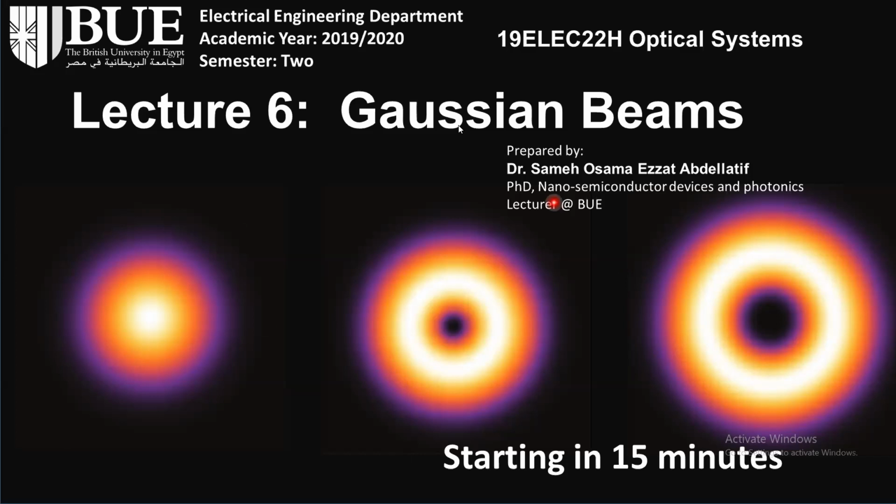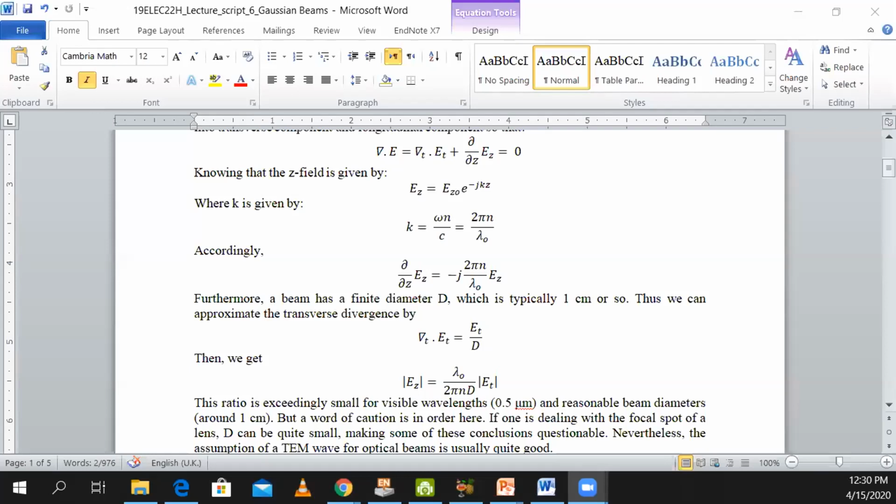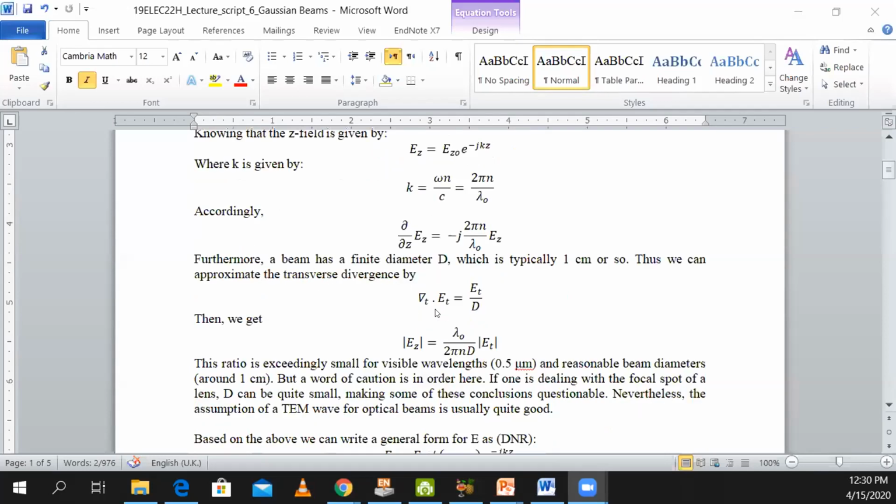Then there is a not so famous approximation which says that the derivative with respect to R and phi equals the same function, E transverse, multiplied by D, where D is what we call the finite beam diameter. It's the diameter of the spot, the diameter of the beam.